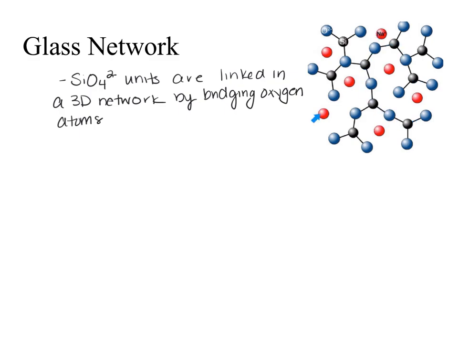But I also want you to notice that we have these other ions that are incorporated. In this case, it's sodium. So when the SiO2 units are linked, they form pockets.